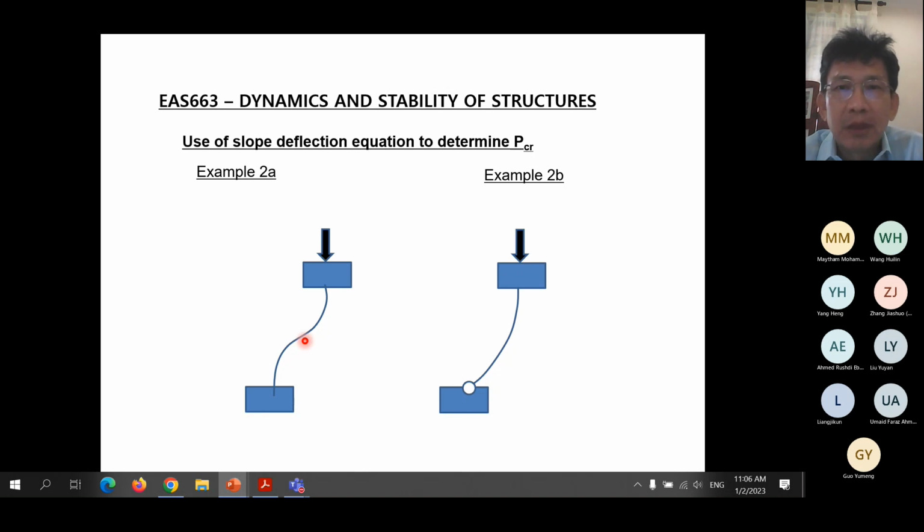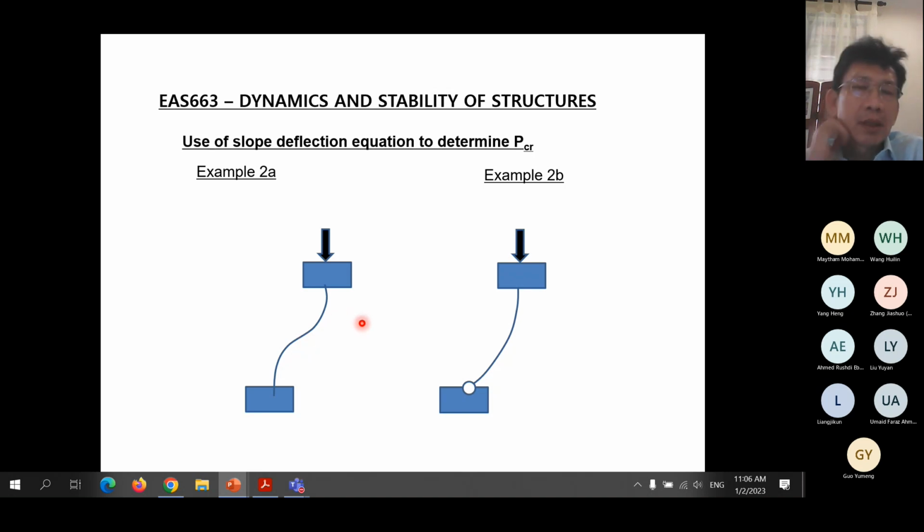So we are going to use slope deflection equations to compare and confirm that the same critical load will be obtained for these two cases, example 2A and example 2B.